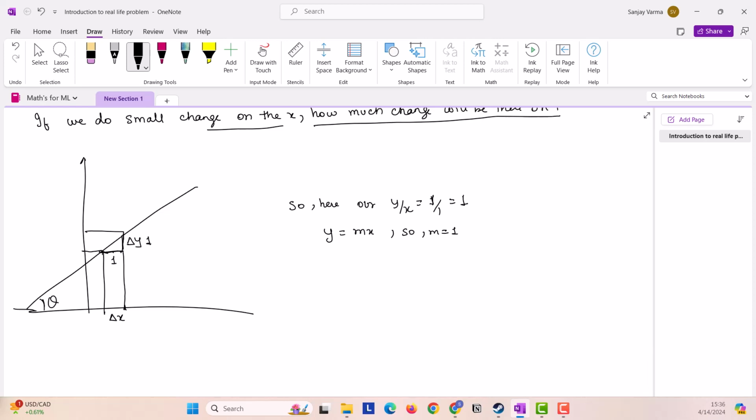How much change will there be on the y side? If we went from this point to this point, the change on y will be from here to here. That will be delta y. If the change on x is 1 unit, then the change delta y is also 1 unit in case the equation of the line is y equals mx.